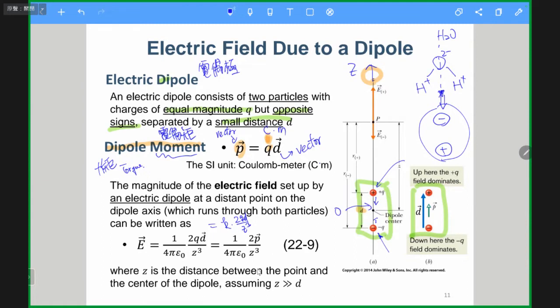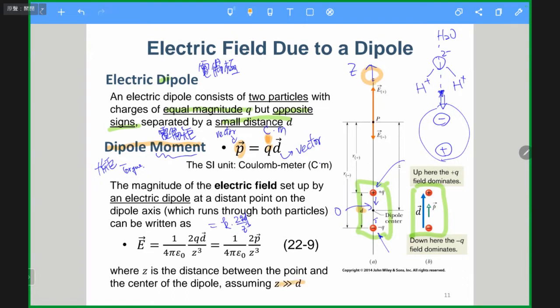So here the equation, the E field generated by the electric dipole on the Z-axis, looks like this, and here is a condition. Z is the distance between the point and the center of the dipole, assuming Z is much larger than d.